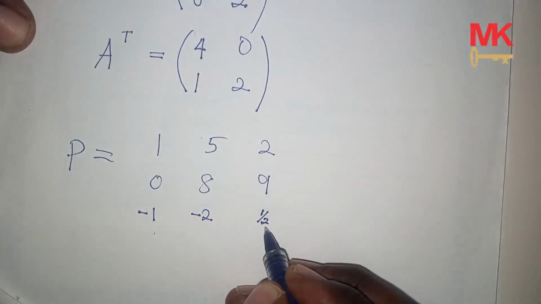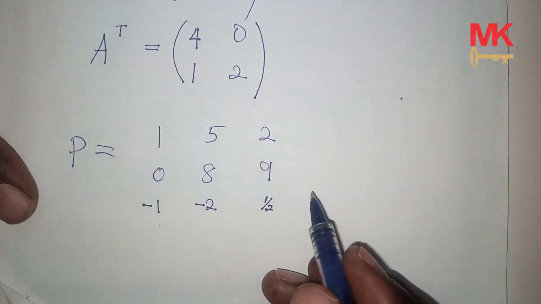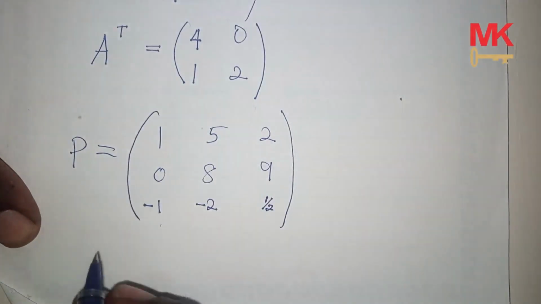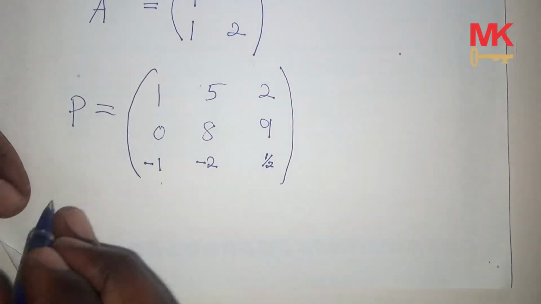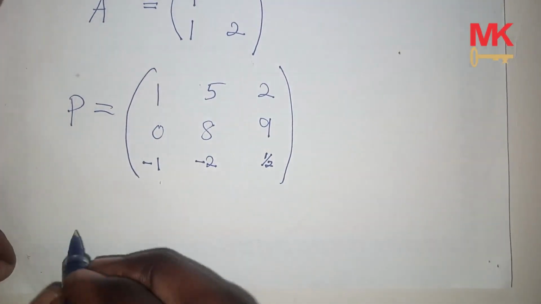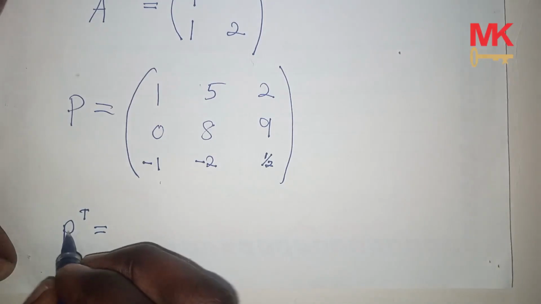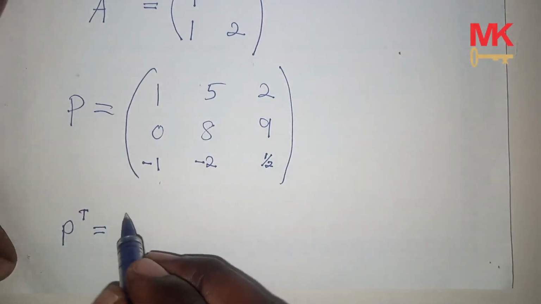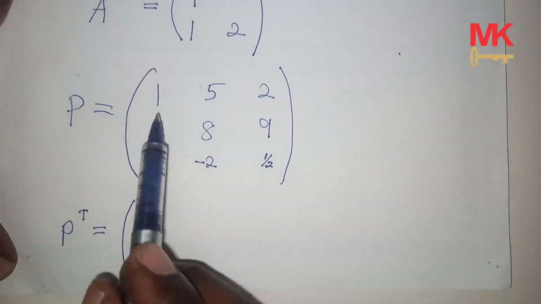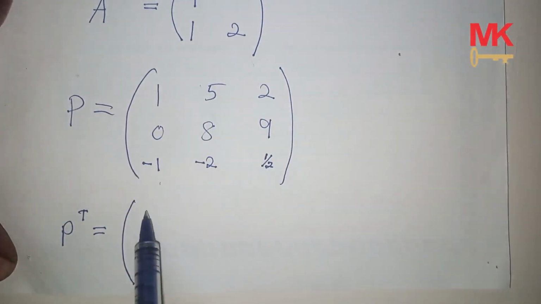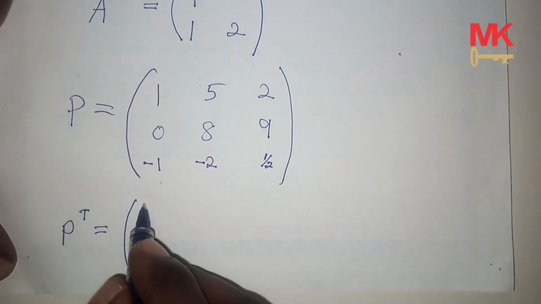Take note, it's okay to have a fraction there. We can transpose the matrix P to get P transpose. The first row here is 1, 5, 2, so it's going to become the column now. So we write 1, 5, 2.